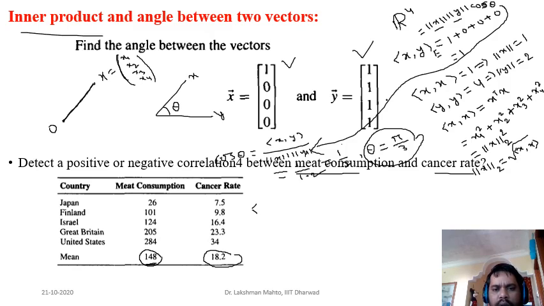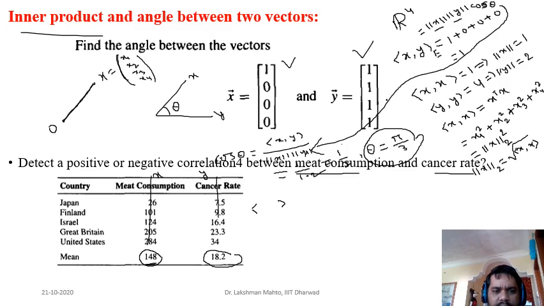Call the first column vector x, and this one vector y. So what would be the inner product of these two, are they positively or negatively correlated? What is your answer? Anyone, would you like to answer?